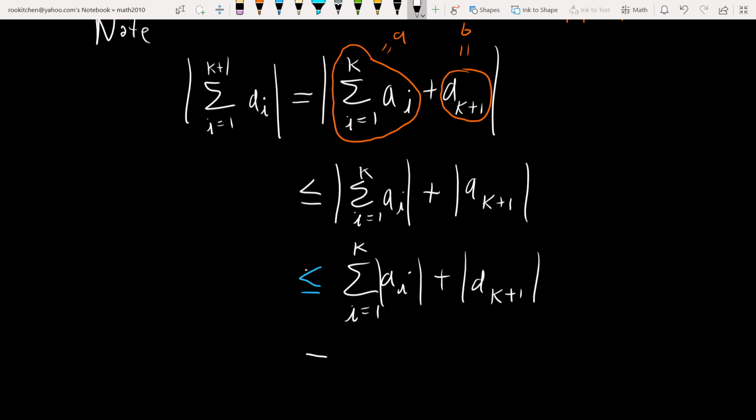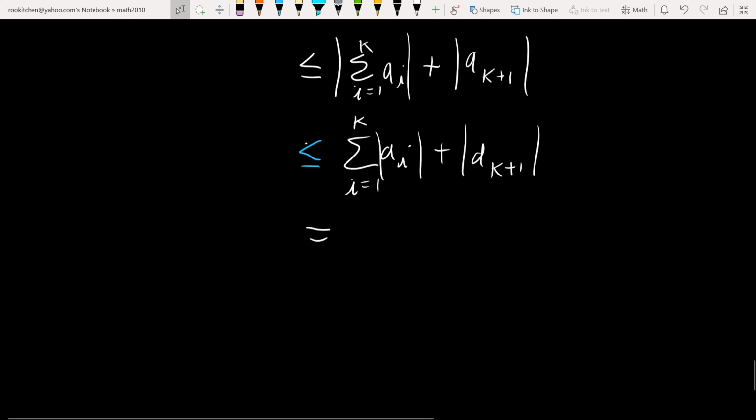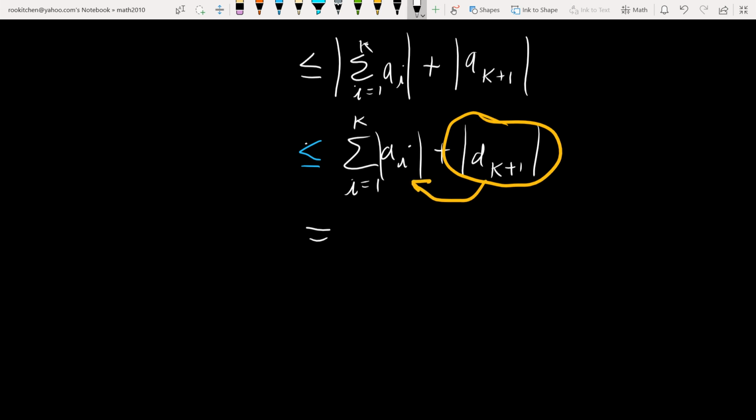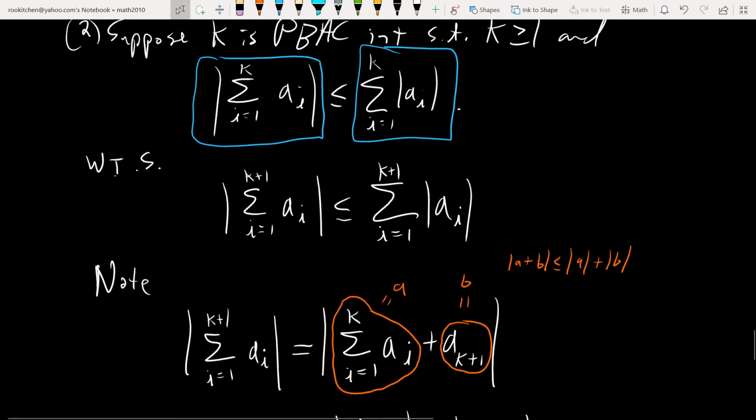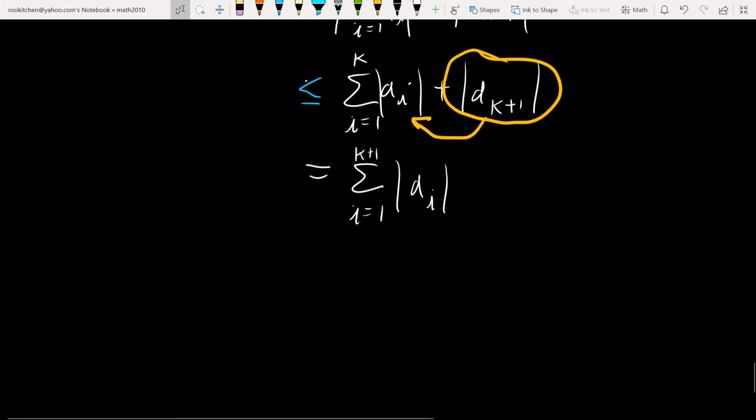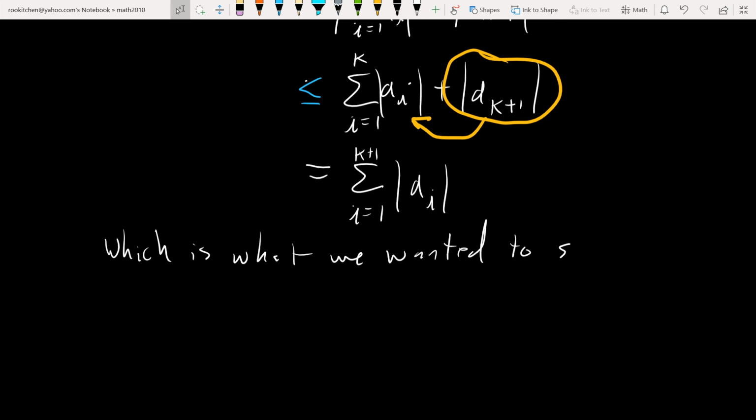And then with the reverse recursive definition for summations, we can grab these and plop them back in here. So i equals 1 to k plus 1 of the absolute value of a sub i is our final place where we want to end up, which is what we wanted to show.